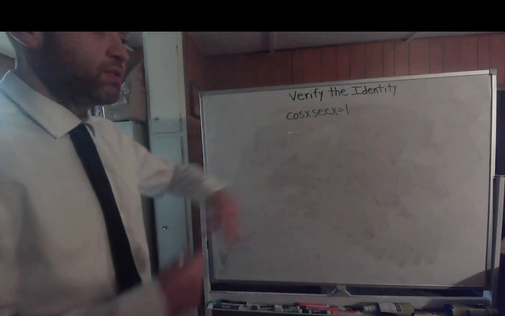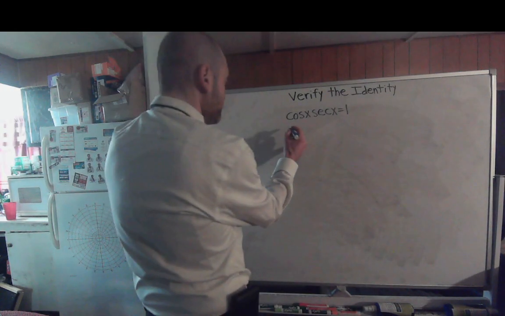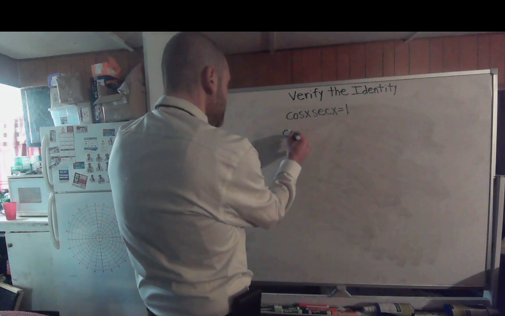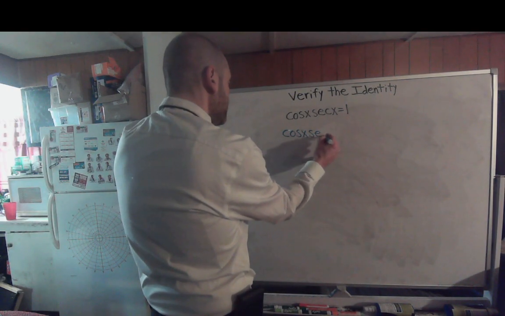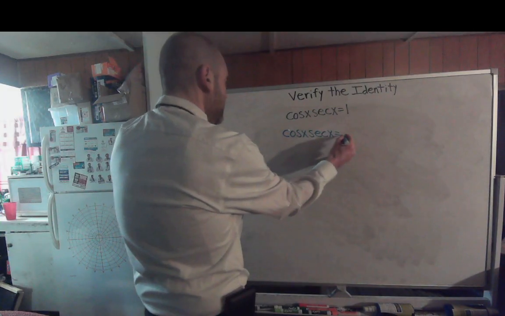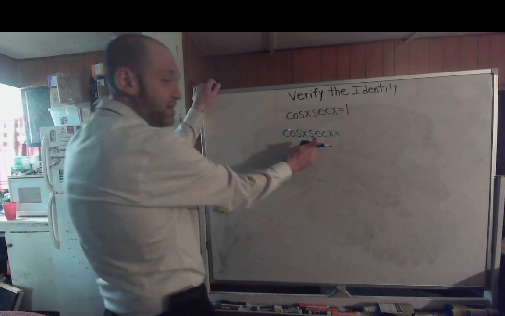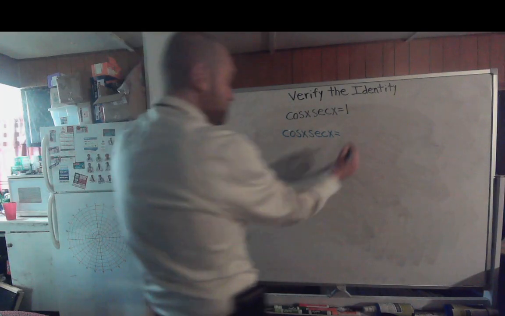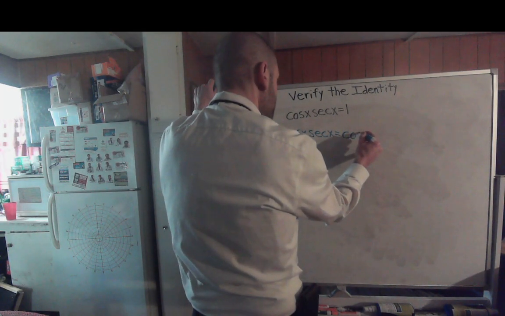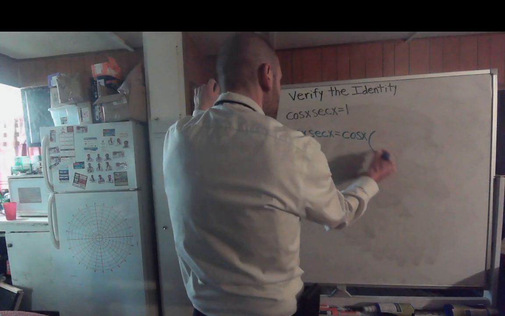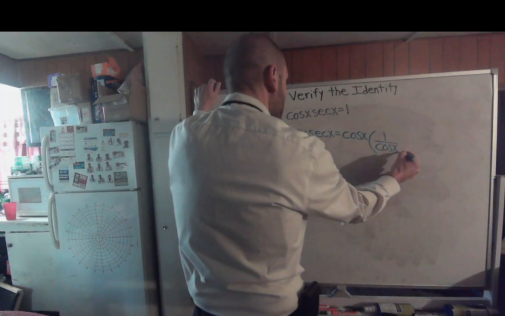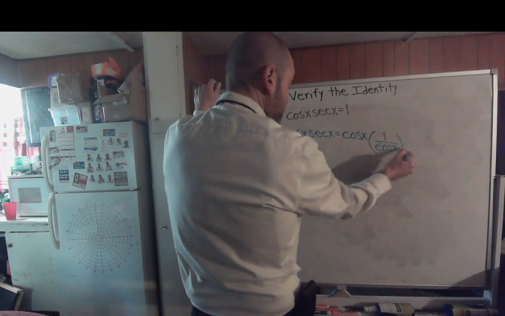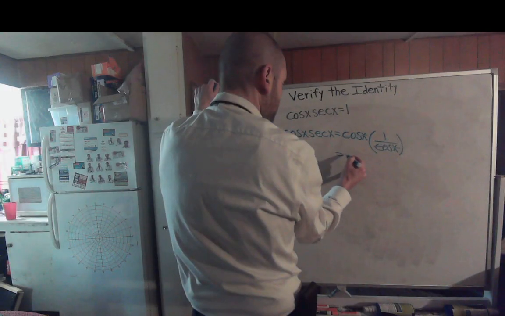Well, start with your left-hand side and work to simplify it. So you'll have the cosine of x times the secant of x equals, now what is that secant of x? That's 1 over cosine, right? So that would equal the cosine of x times 1 over the cosine of x, which we know the cosines are going to cancel out, so that equals 1.